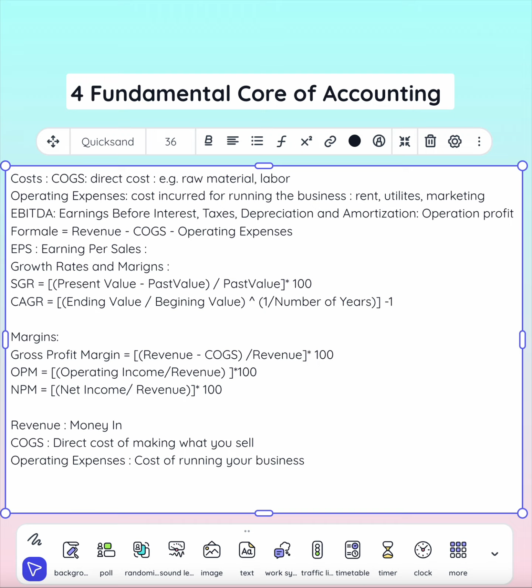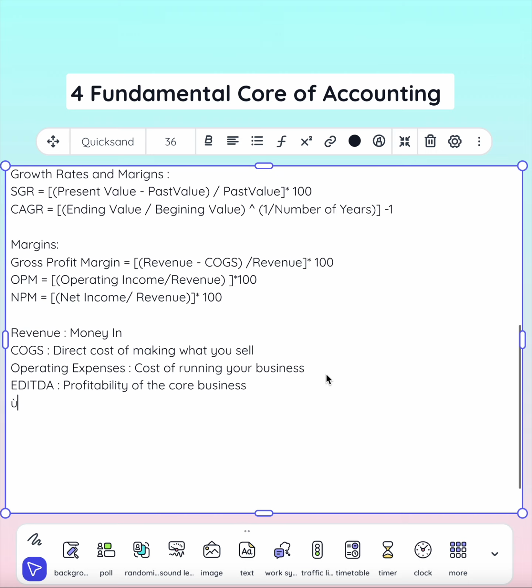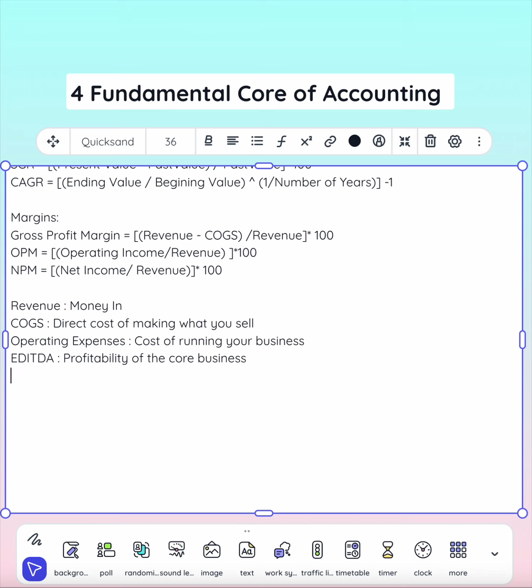Then you have EBITDA. This is the profitability of the core business. Then you have margins, which is how much profit is left at different stages.